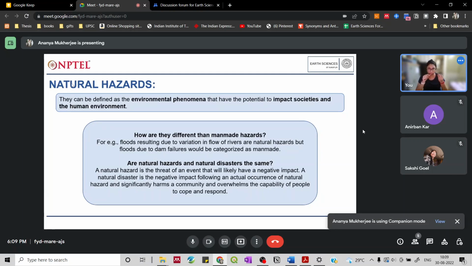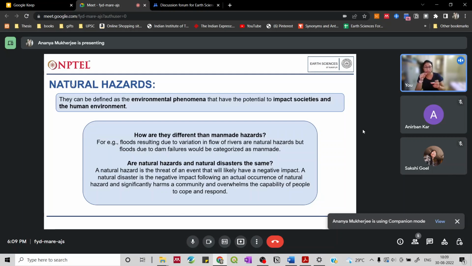There are very small seismic events happening across the globe at certain places every day. But not all of these seismic events are going to turn into a natural disaster. A seismic event is a hazard, it can cause a disaster. So this is the basic difference between natural hazards and disasters. A natural hazard can be caused, and the disaster can sometimes be prevented.